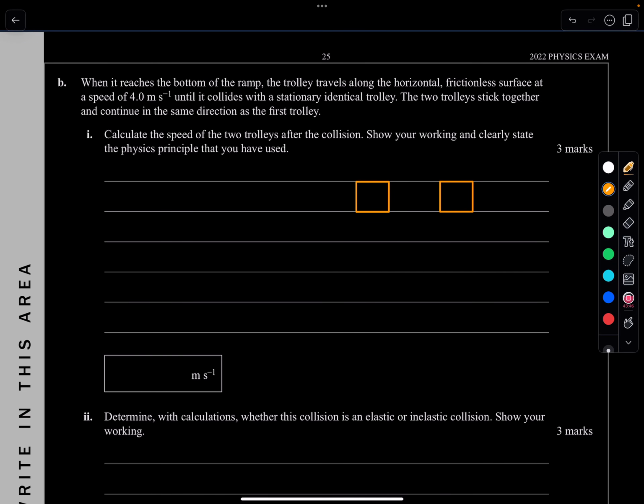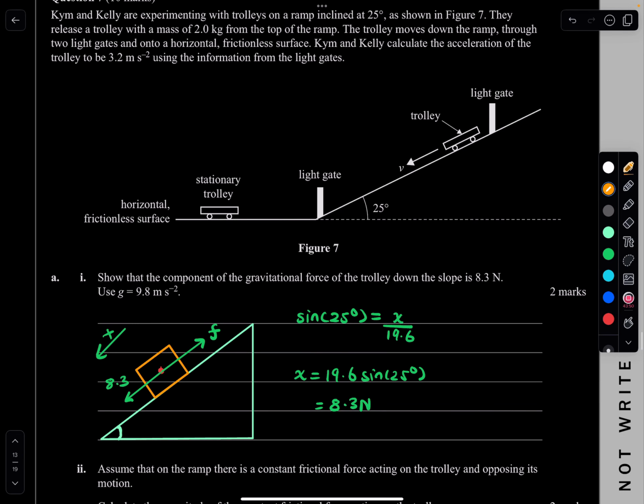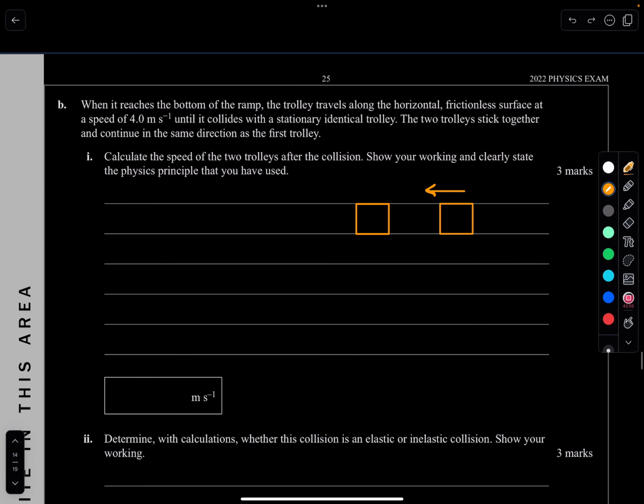This one's the one that's moving to the left because it's just gone down this ramp and it's now going to hit this stationary trolley. So I'm going to call this M1 and this here M2. This is going to be U1, and we're going to take the direction to the left as positive because that's the direction of motion.